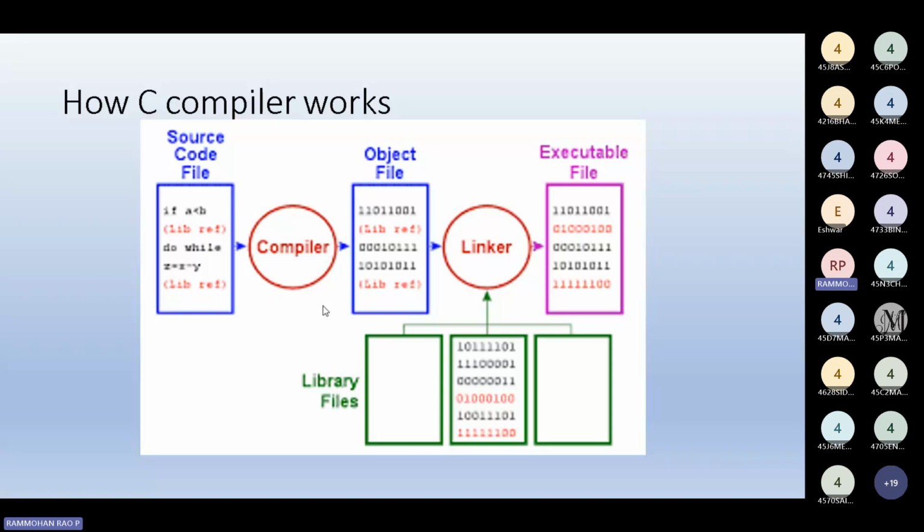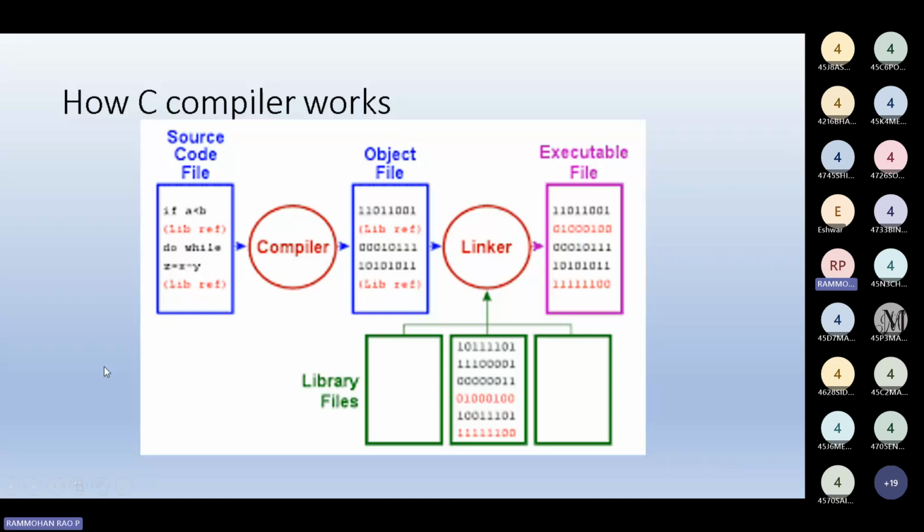Processor understands only machine language or binary language, which is nothing but the instructions given using ones and zeros. So what is required? Our C compiler should convert high level source code into machine code or the binary code. So how exactly it is done? Let us understand through this diagram, and if you have any doubts, please let me know. This is very, very important.